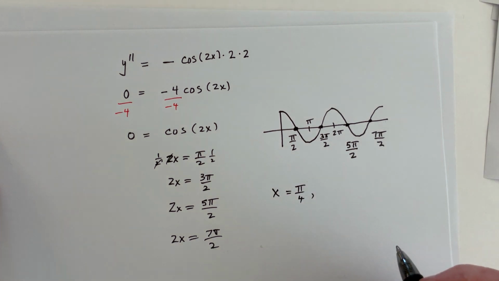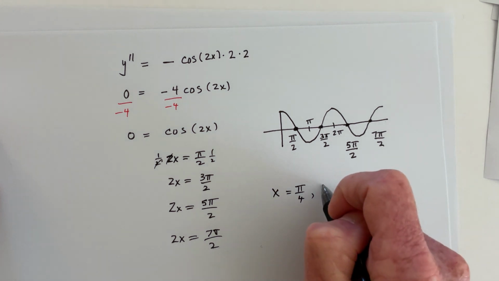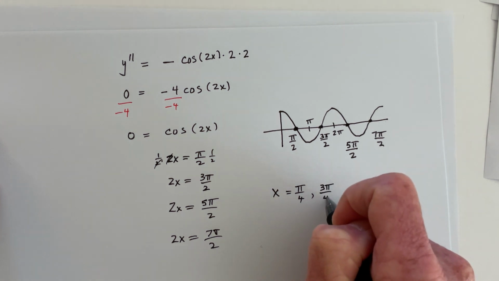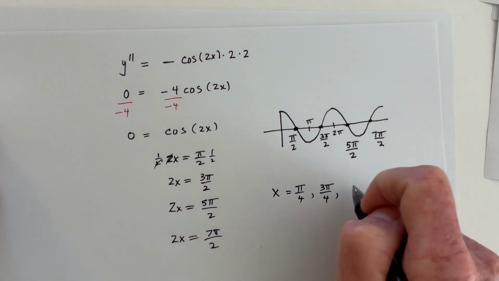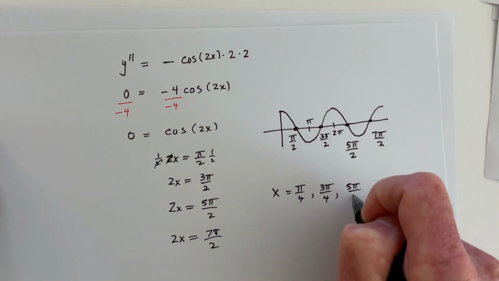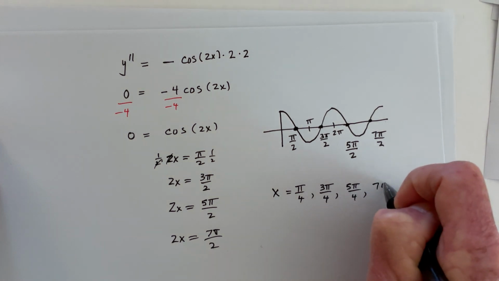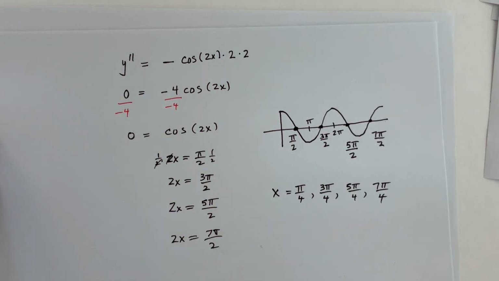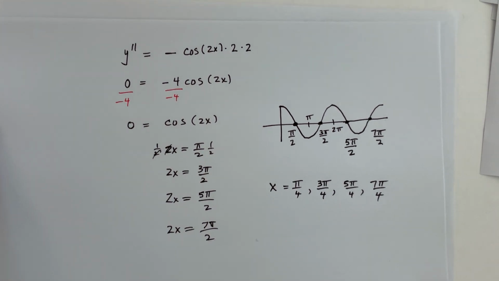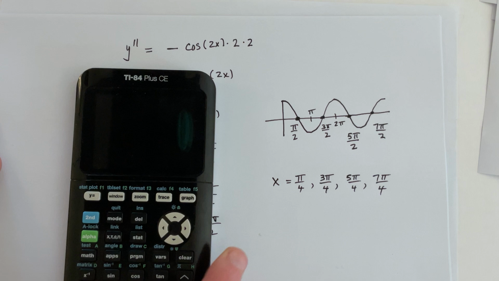And you could say x equals each time, or you could just put a comma in between. The next one would be 3 pi over 4. And this one would become 5 pi over 4. And the last one would be 7 pi over 4. And then the last question is saying, when is it concave down?